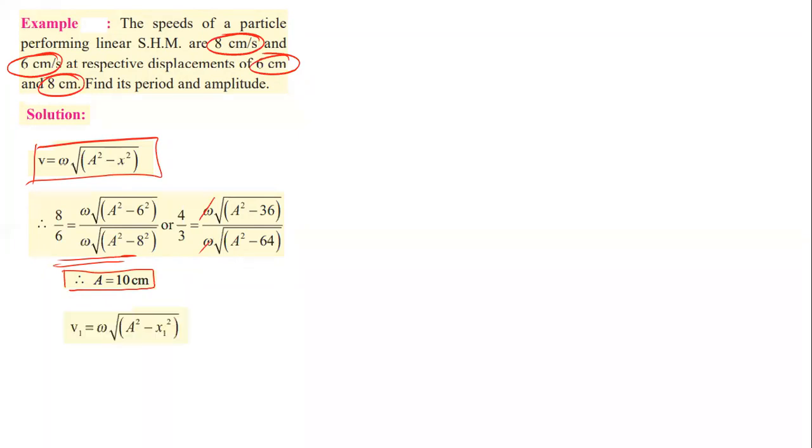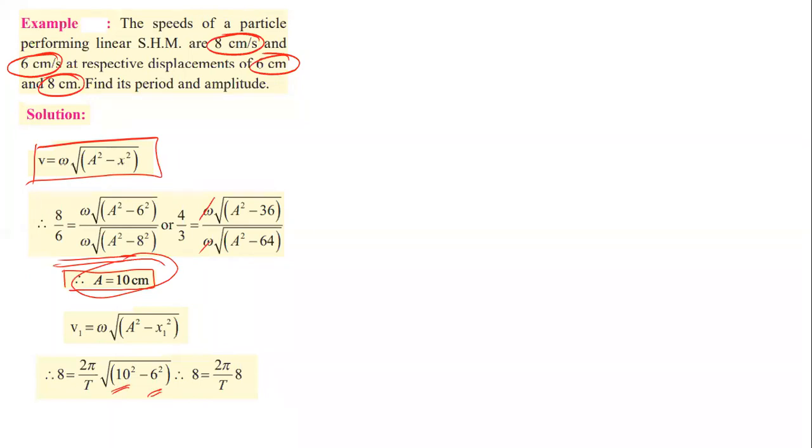Okay, first formula is V1 is equal to omega under root a square minus x1 square. So here A we substitute. A is 10. And here x is 6.